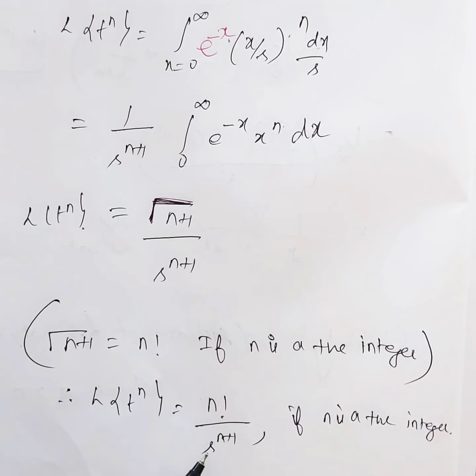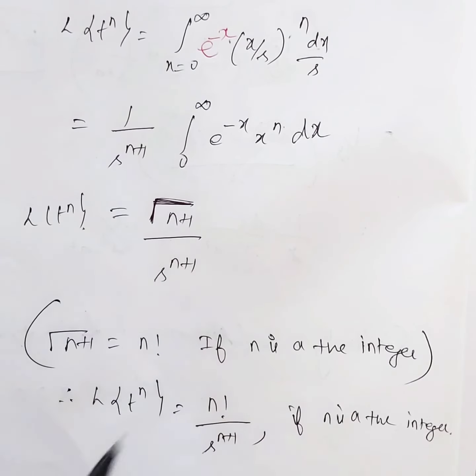So 3 factorial divided by s power 3 plus 1, that is 3 factorial divided by s power 4. What is Laplace of t power 4? 4 factorial divided by s power 4 plus 1, so 4 factorial divided by s power 5. Okay. So we'll be using this only when n is a positive integer, or else we'll be using gamma of n plus 1 by s power n plus 1.